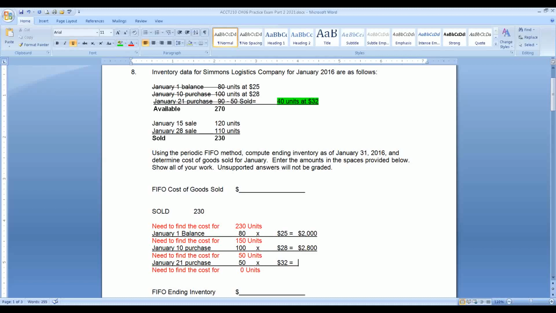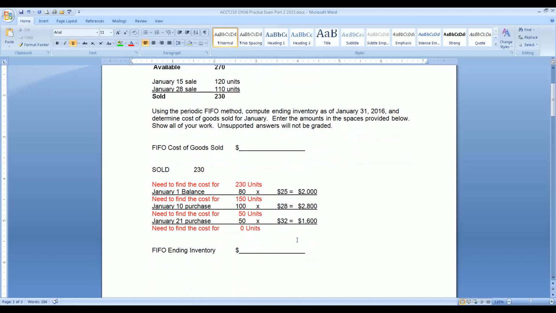What is that, 1,500? No, 1,600, I'm sorry. I checked. Okay, so this will be our cost of goods sold, all those together.